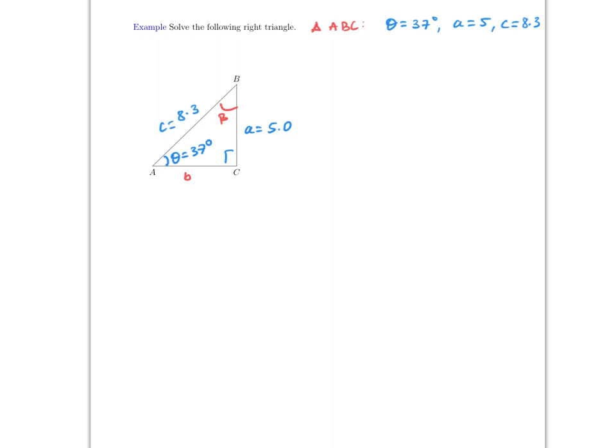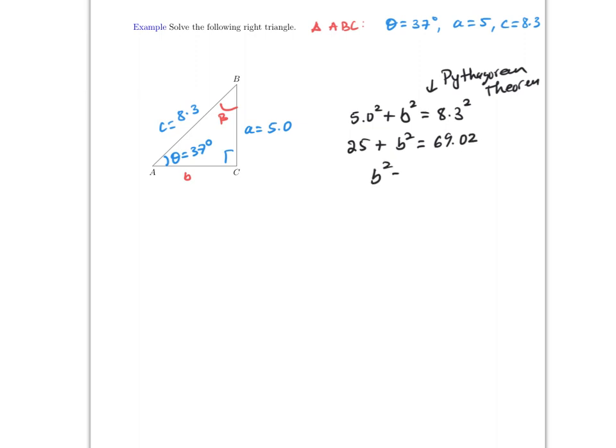So if we do that, remember that A squared plus B squared should be equal to C squared. This is the Pythagorean theorem, which we have used many times now. So notice that this is 25 plus B squared is equal to 69.02, something like that.